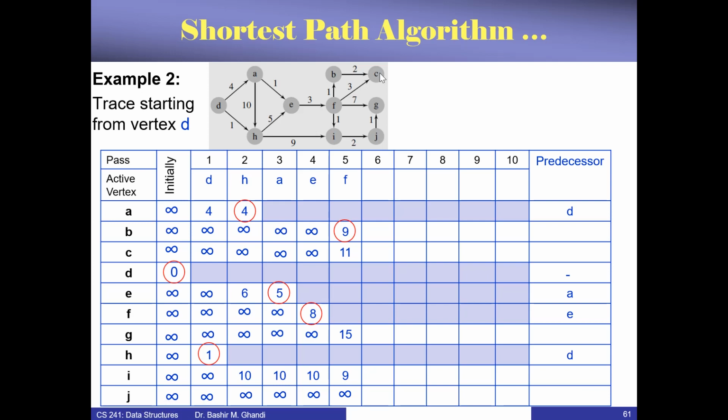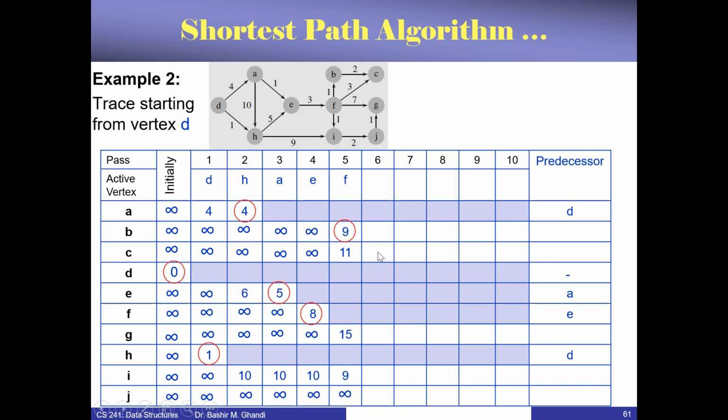Now this is another difference between this example and the other one. We got a new value 11 for reaching C. The previous value was 11. The question is, should we accept this new value? The answer is no. We only accept a value if it is smaller.